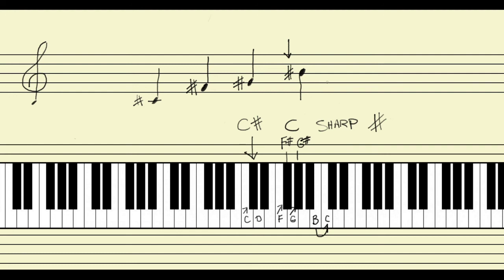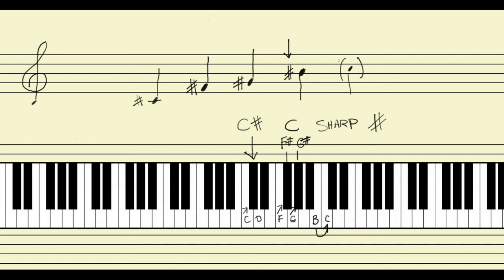So notice, if I play B sharp on the piano keyboard, it actually looks like a C. Here's B sharp. Here's C. It sounds exactly the same, because I'm playing exactly the same note.